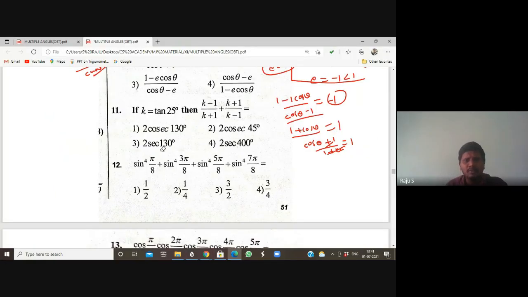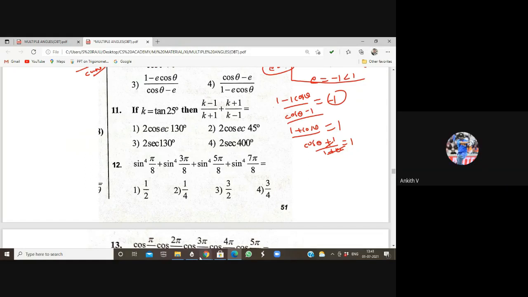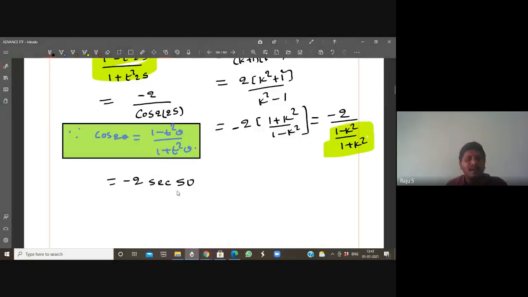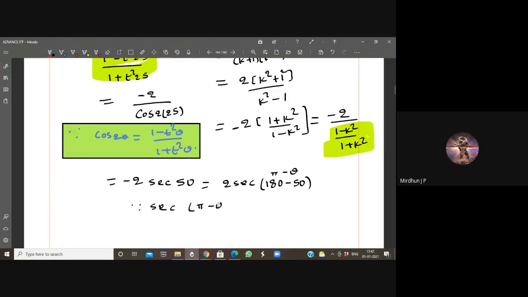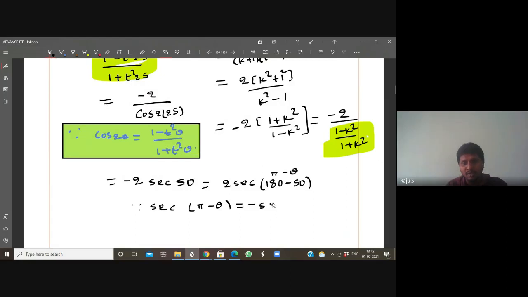But sir, the option has 130, but we got 50 only, no? Sir, because secant in the second quadrant is negative. Second quadrant negative. So shall we write this value as 2 times of secant 180 minus 50? What is secant 180 minus theta? Minus secant theta. Is it clear?